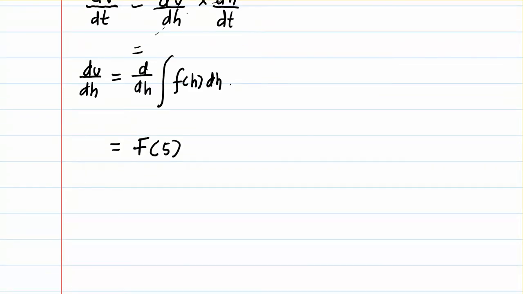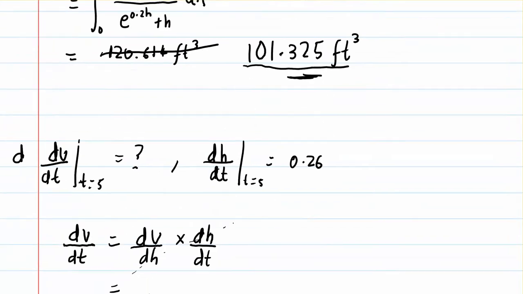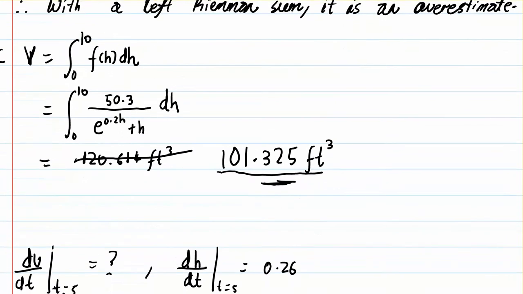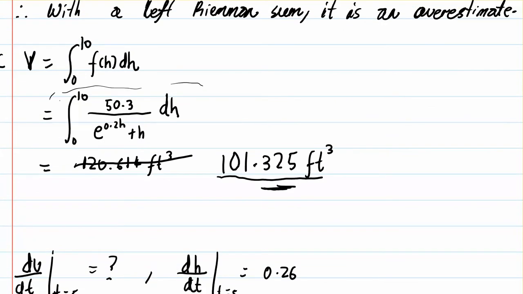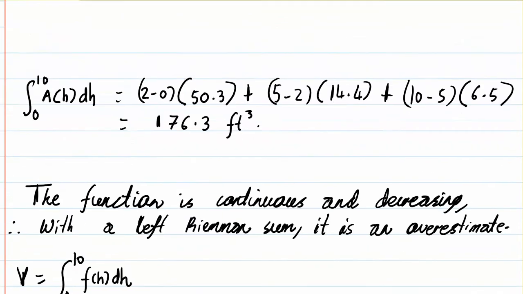So dV/dh at h equals 5 is just equal to big F of 5. And that is equal to plugging 5 into this function that we already have here, the function without the integral.